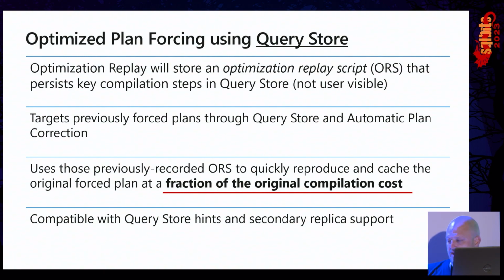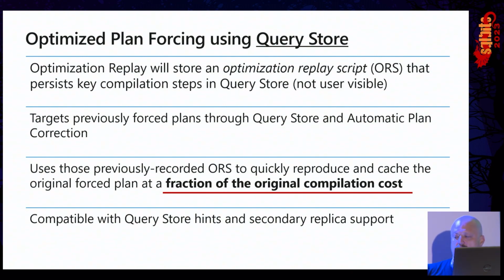So with optimized plan forcing, what we're trying to do is speed up that process for queries that have been forced. To do that, we're capturing what we call a replay script, which is basically saving a replay for important optimization rules. We save these rules in a hidden attribute in the show plan XML.